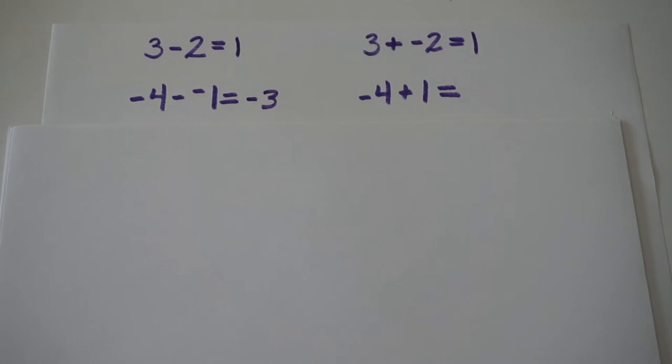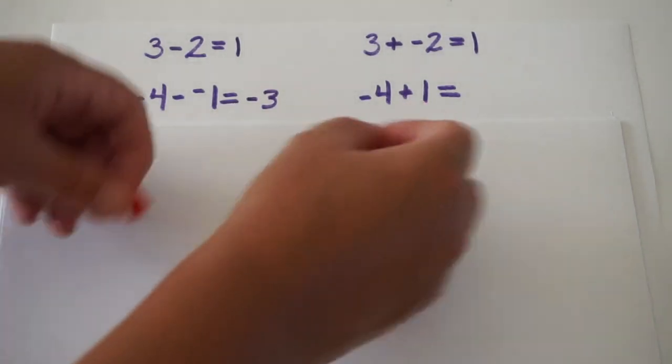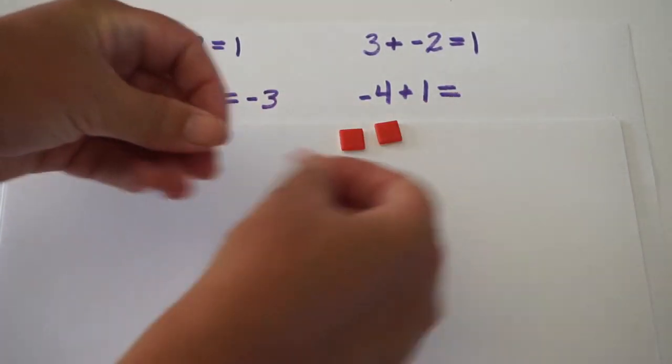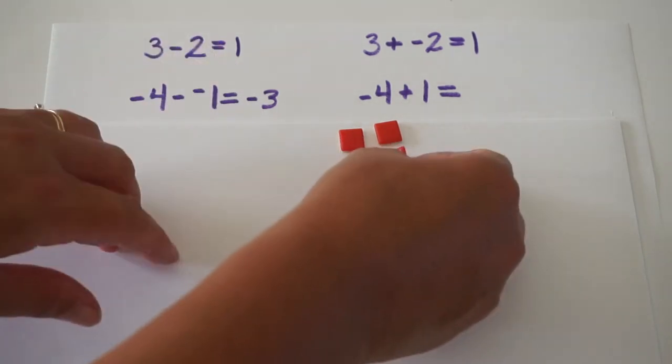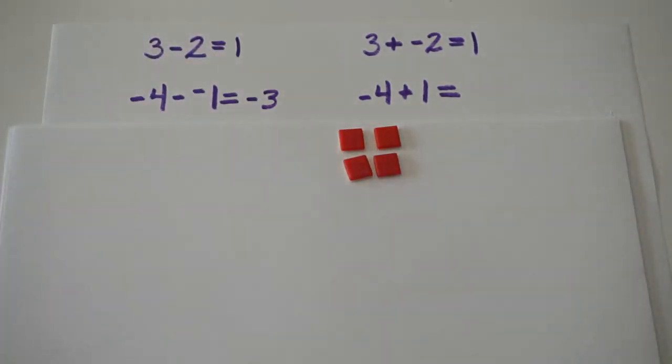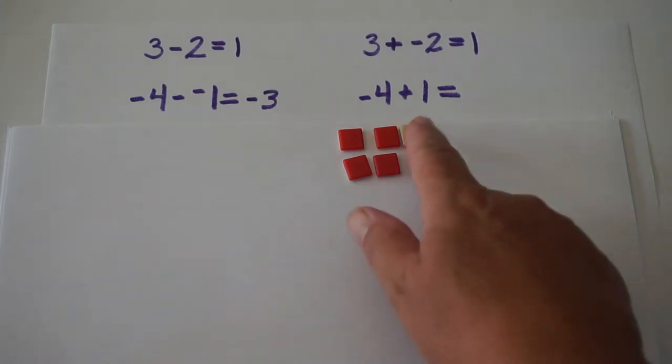So negative 4 minus negative 1 is negative 3. On the other side, we have an addition problem. So once again, I represent the first number with a set. The addend negative 4 is represented like this. Then I'm going to add 1, but with addition, you represent both numbers. You represent them both, and then you do the adding by pushing together.